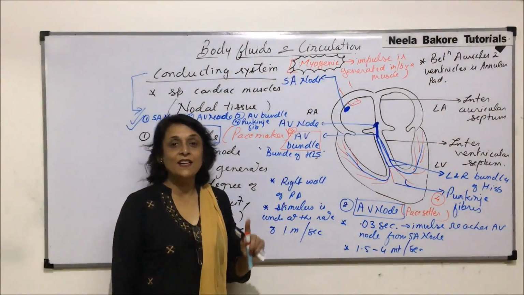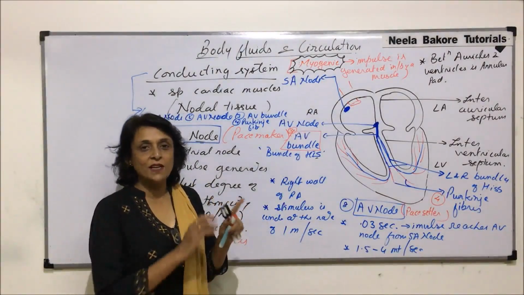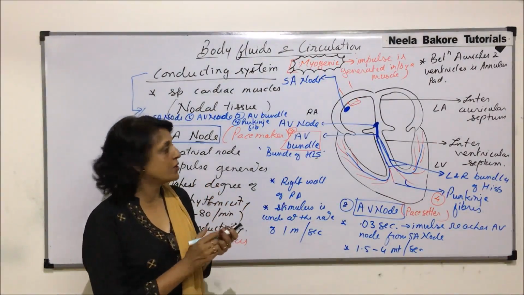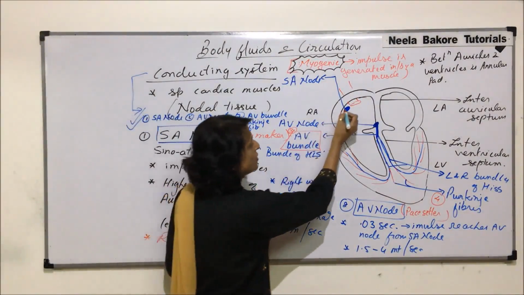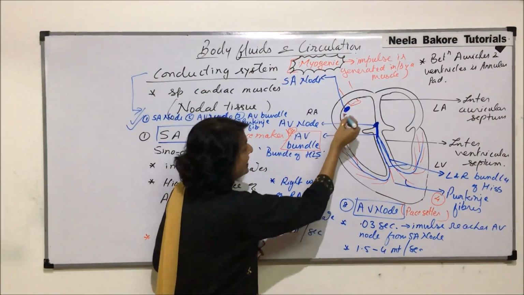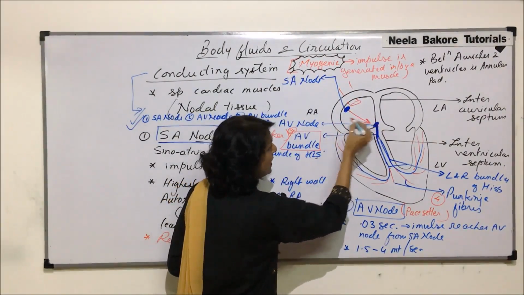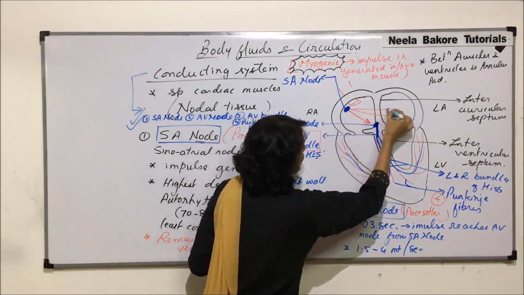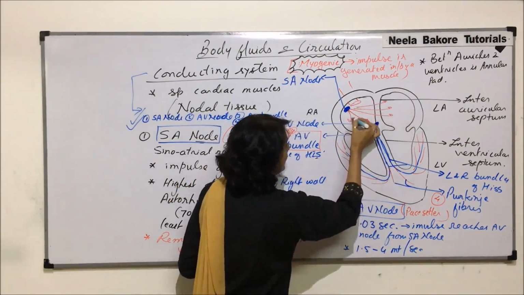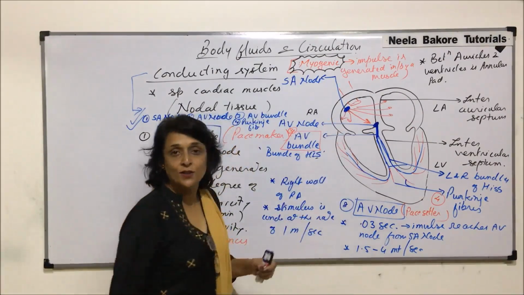So now as we have understood the conducting system, let us once conclude how this is going to spread. This is the point where it gets generated. Now this travels to the AV node and all over the wall of auricles.